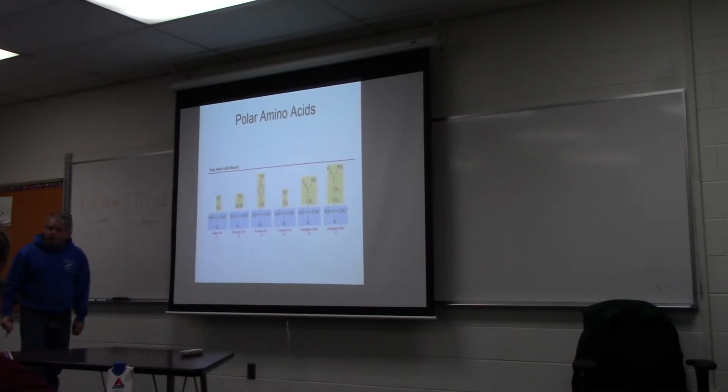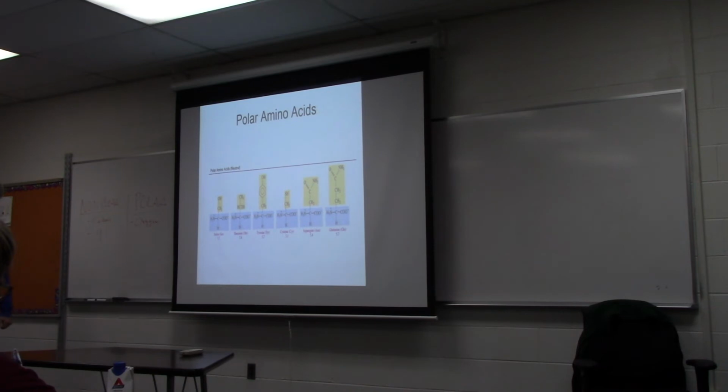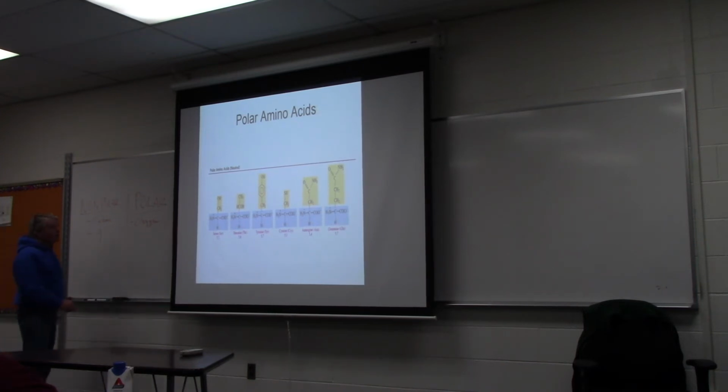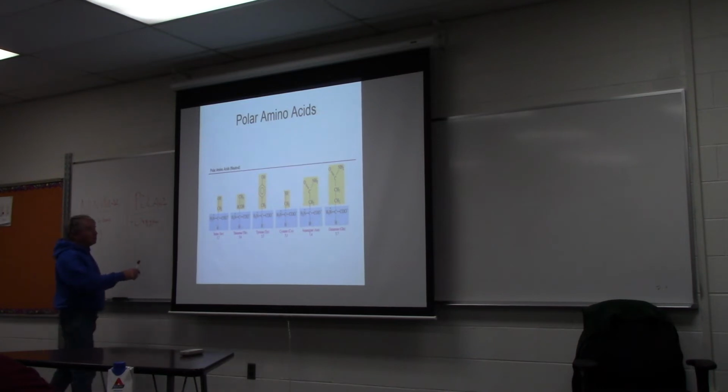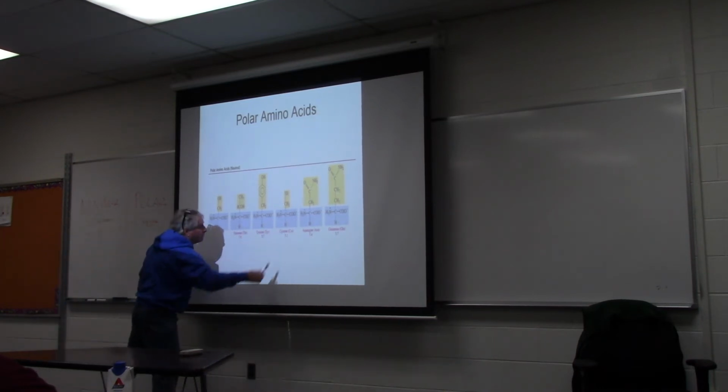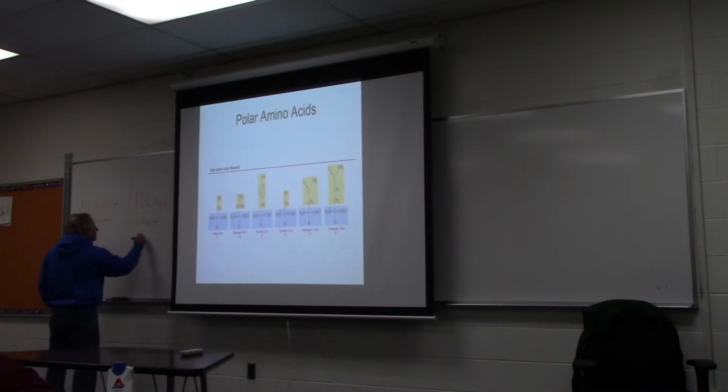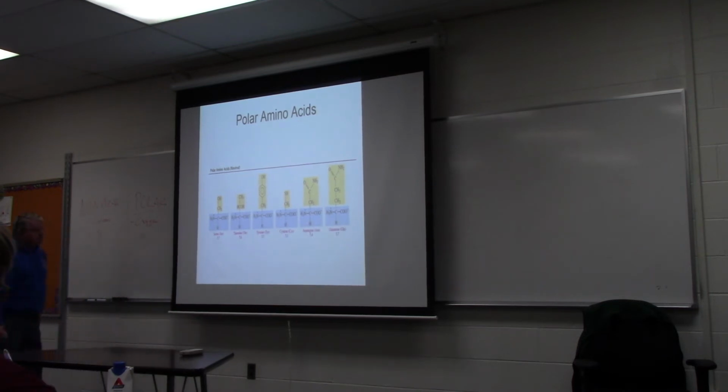It has a sulfur in it, and I told you sulfur is important. It's so important that we have to pull it out and put it in its own special group. That's what we're gonna do. So if we pull that out, we have 1, 2, 3, 4, 5. We have 5 of them.